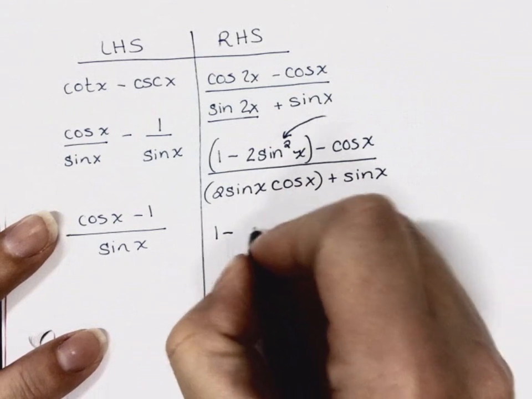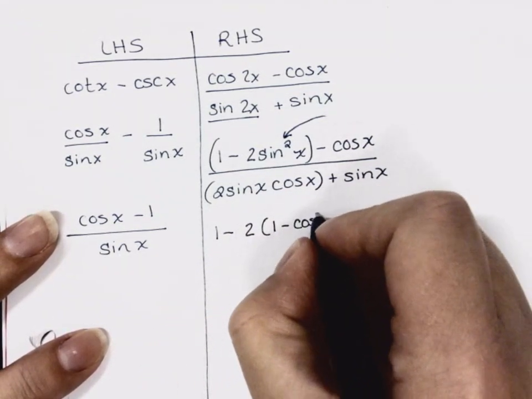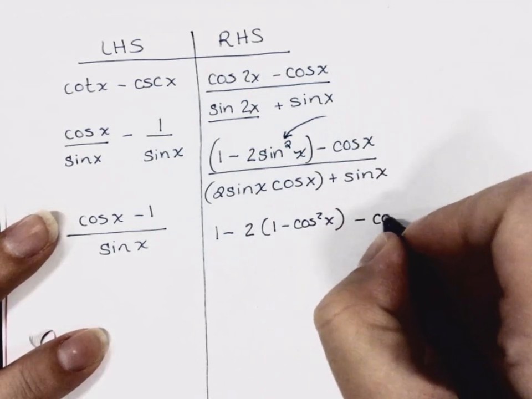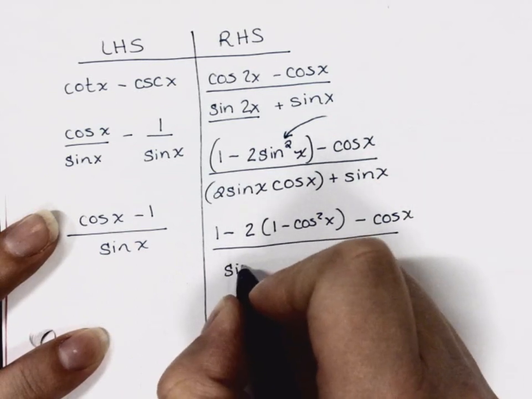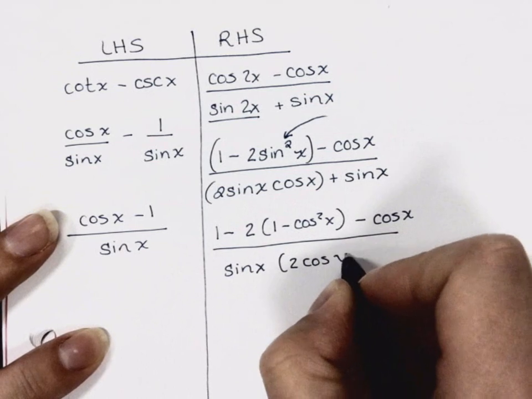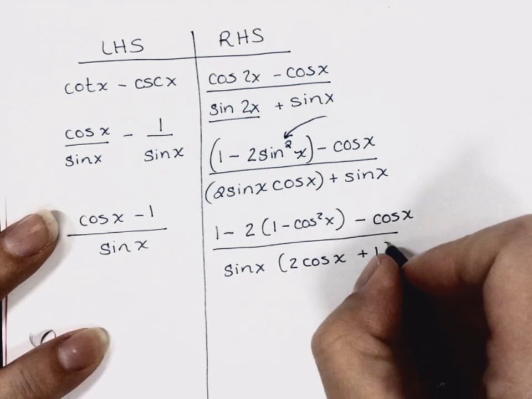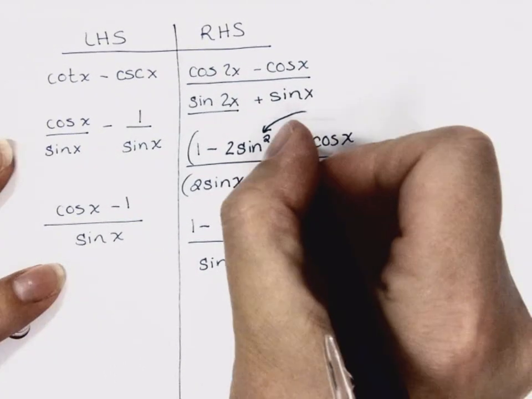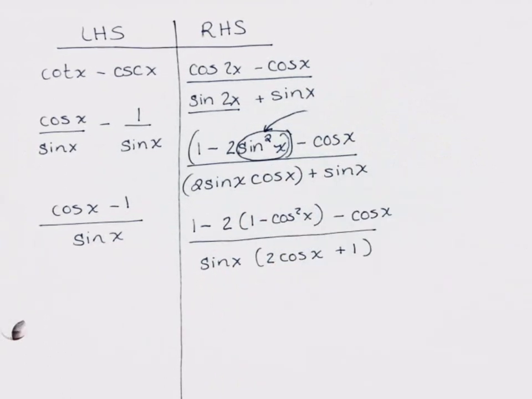So I'm going to have 1 minus 2 times 1 minus cos squared x. So I took this and I replaced it with the Pythagorean identity.